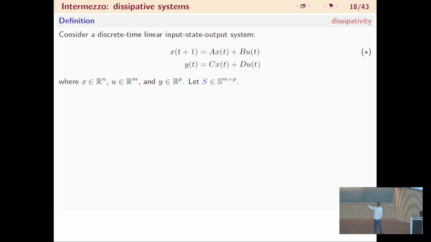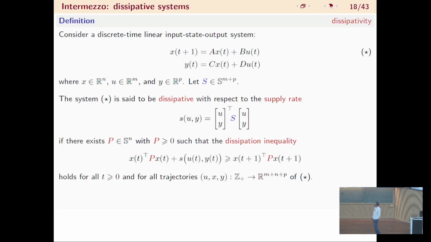I'm going to call system star dissipative with respect to the supply rate, given by the symmetric matrix S, if there exists a positive semi-definite P such that this dissipation inequality holds for all times and for all trajectories U, X, Y of the system star.